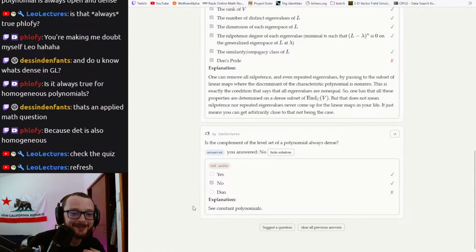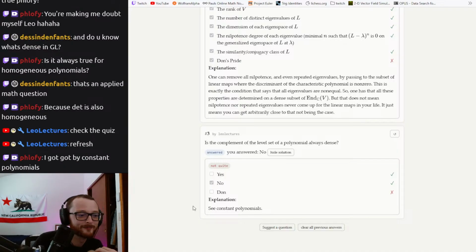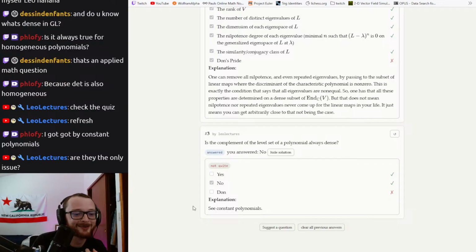Yes, no, done. So I guess the answer is no. See constant polynomials. I guess, are those the only issue? Do I have to refresh again? Ugh.